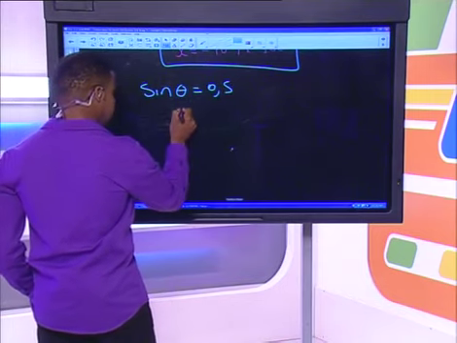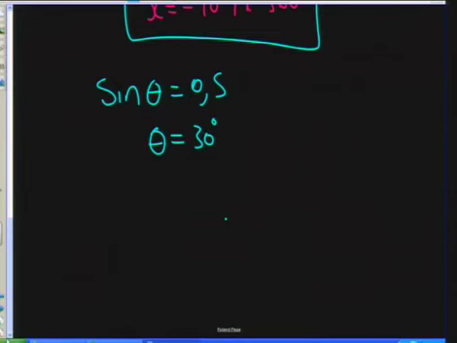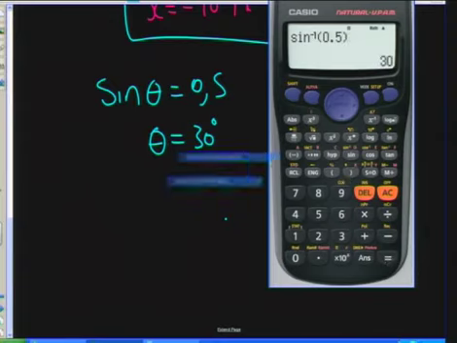If you find the key angle, theta is 30 degrees. How do I find this 30 degrees? You go in your calculator, you say shift sine 0.5 bracket, you get this. This is your key angle.